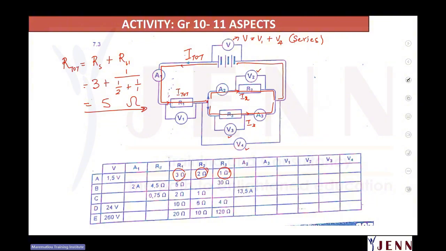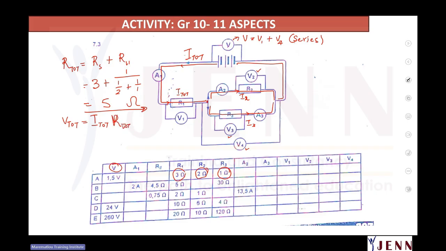And then from there, I have R total, and I have V, which is the EMF of the circuit. So I have I total, R total and V total, and I can calculate I total.